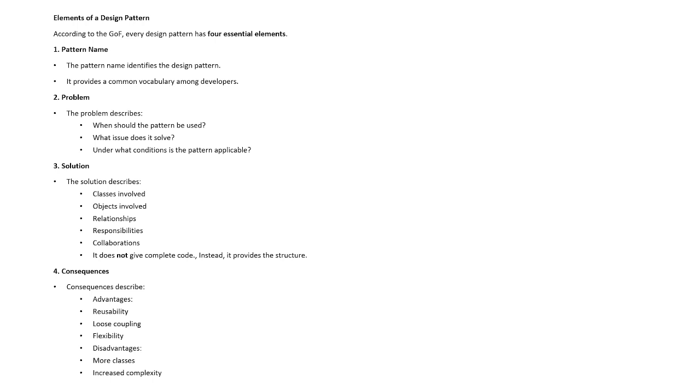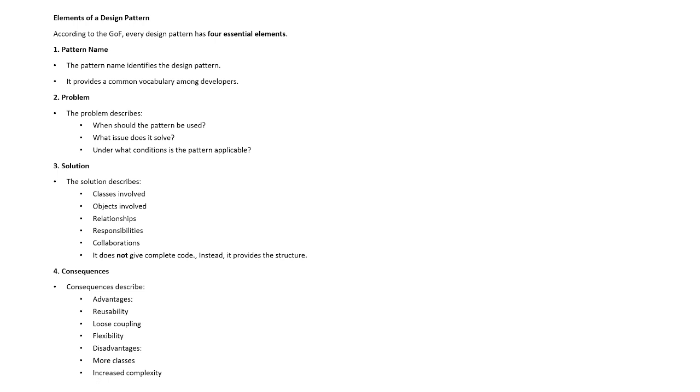First is the pattern name, meaning the name of the design pattern, its identification. Then the problem: why do we need the design pattern? Then the solution, and then the consequences. These are the four elements of a design pattern.